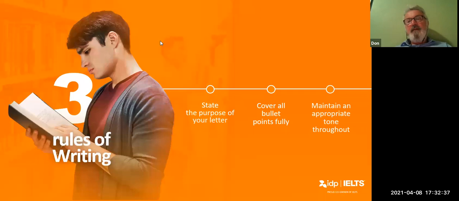And finally, they have maintained an appropriate tone throughout. I will explain tone more in a moment. But if you do these 3 things, you will get a good score for your task achievement. And that is the thing that we are really focusing on here.